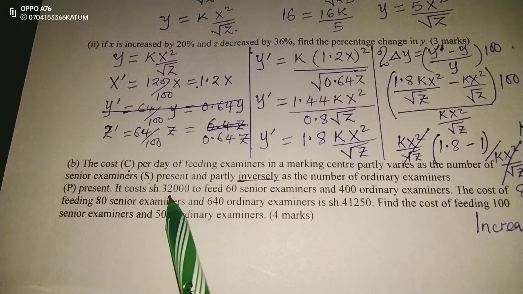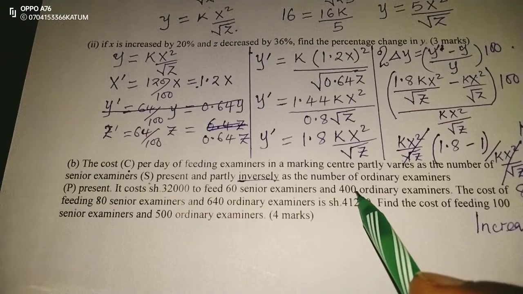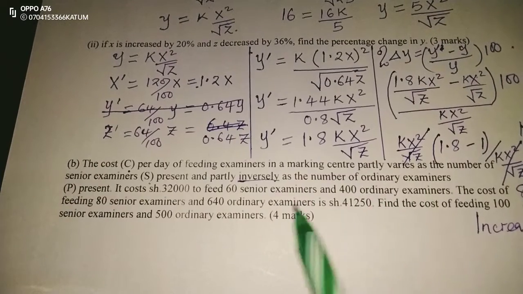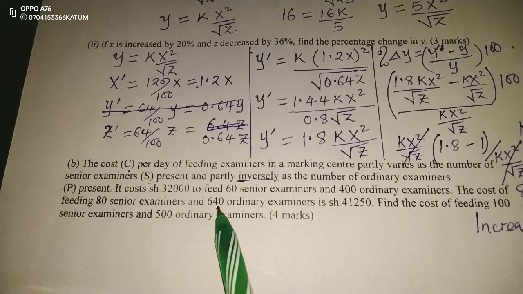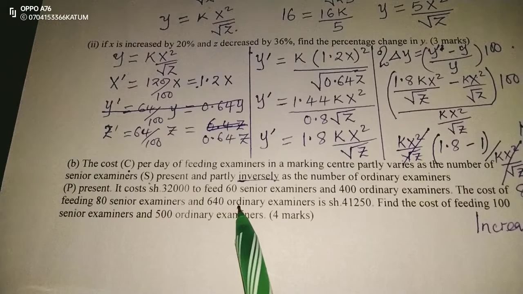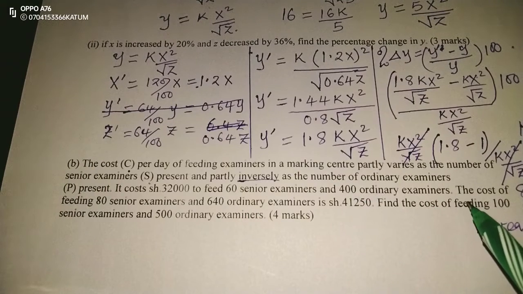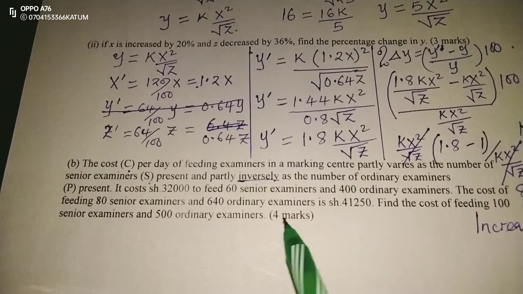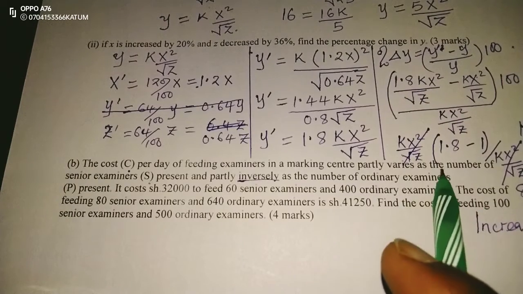It costs 32,000 shillings to feed 30 senior examiners and 400 ordinary examiners. The cost of feeding 80 senior examiners and 640 ordinary examiners is 41,250 Kenya shillings. Find the cost of feeding 100 senior examiners and 500 ordinary examiners.